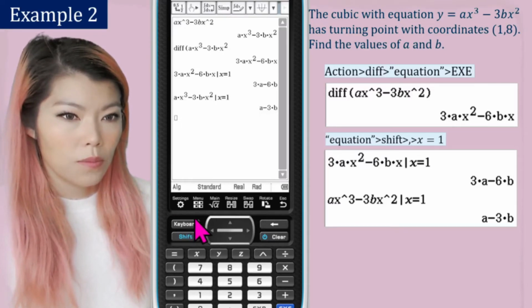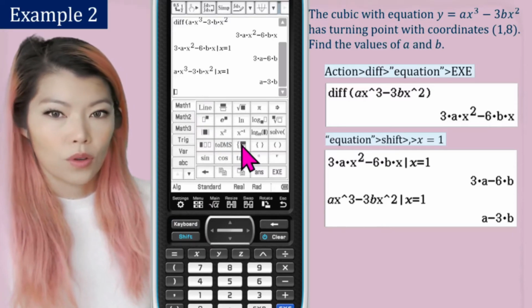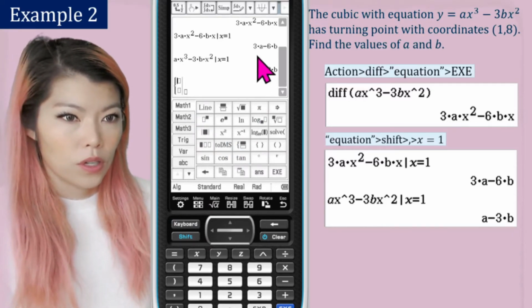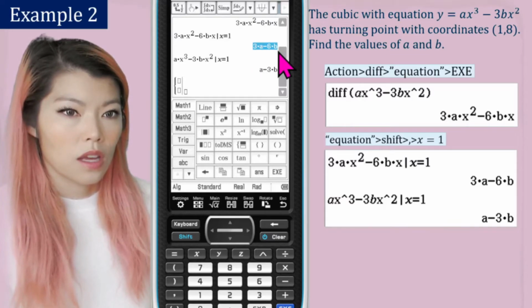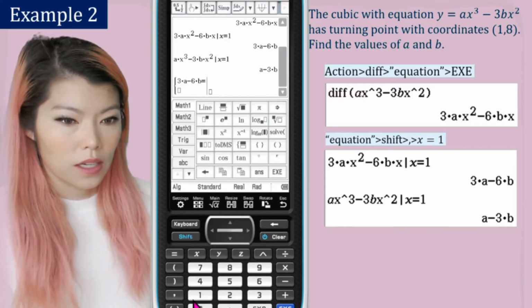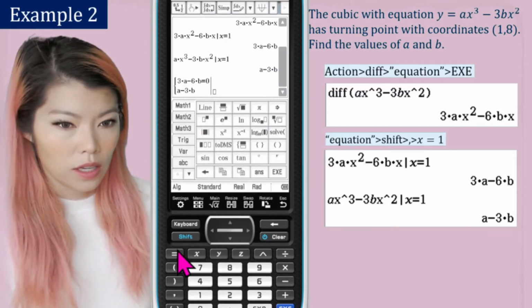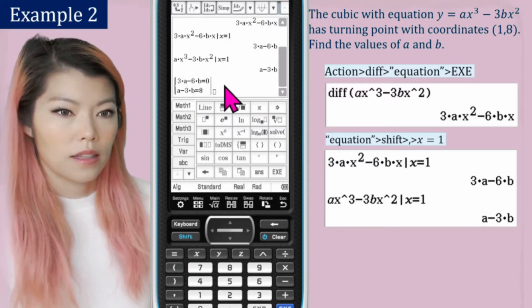We click on keyboard, math 1, and we look for this symbol over here, and we put in our two equations. So the gradient is 0, so let it equal 0 at that point, and our equation is equal to 8 at the turning point.